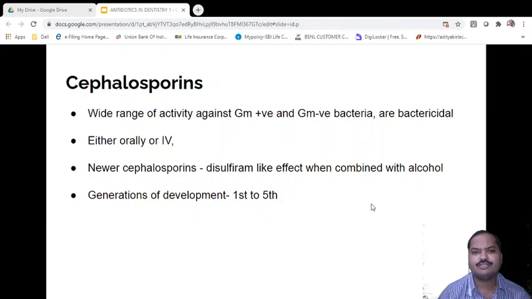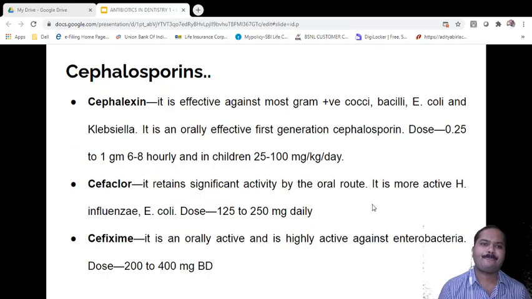Various generations of cephalosporins have been developed, from first to fifth generation, depending upon their spectrum of activity on various types of bacteria. Some cephalosporins to name are cefalexin, cefaclor, cefixime, all of which can be used in our odontogenic infections.